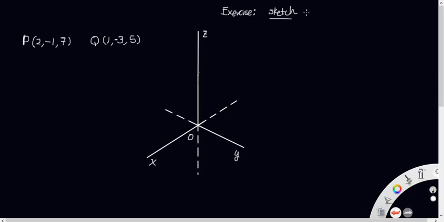And in addition, find the distance between point P and point Q. Okay, so the first step is to do a sketch of the position of those couple of points.